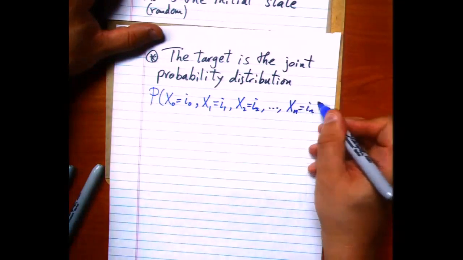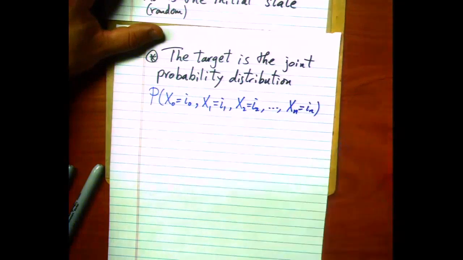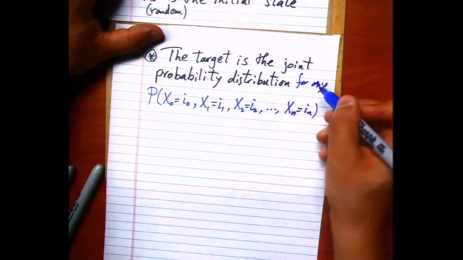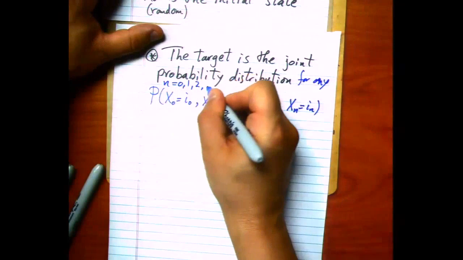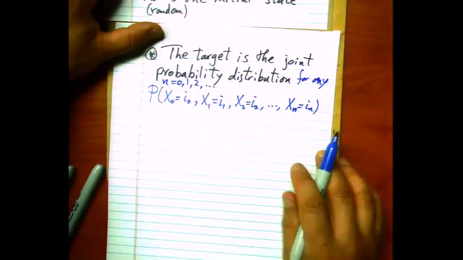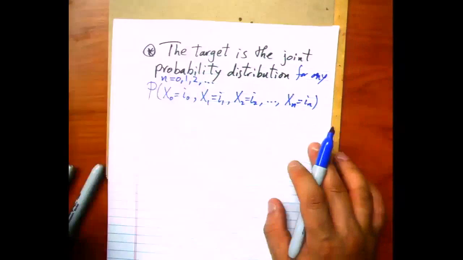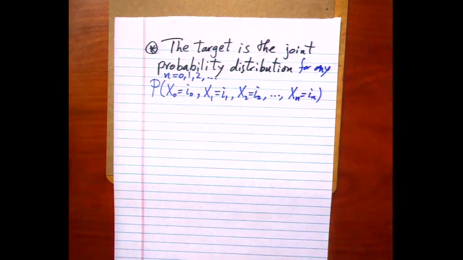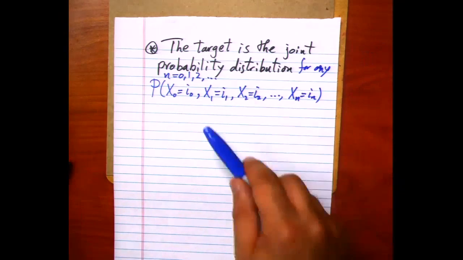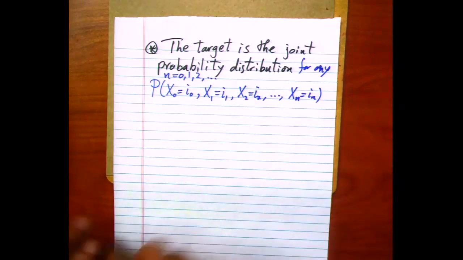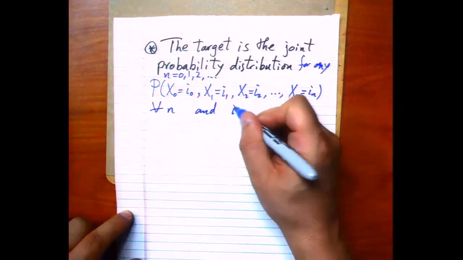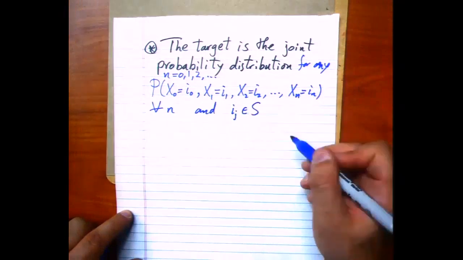Of course, n changes; n runs from 0 to infinity, for n equals 0, 1, 2, etc. They are discrete random variables, so I can call it naively the joint probability mass function. How can I study this joint probability distribution for all n and any ij in S, the state space?